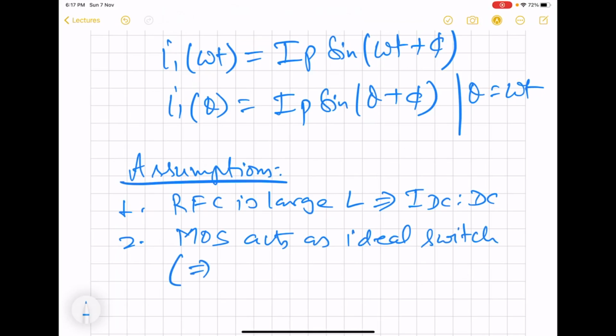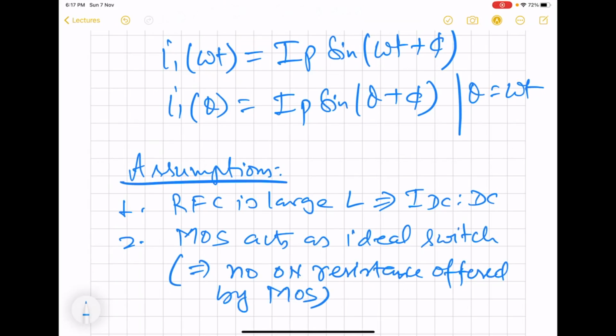And in this analysis, we will conclude from this ideal switch behavior that there is no on resistance offered by the MOS. So this is the simplifying analysis.